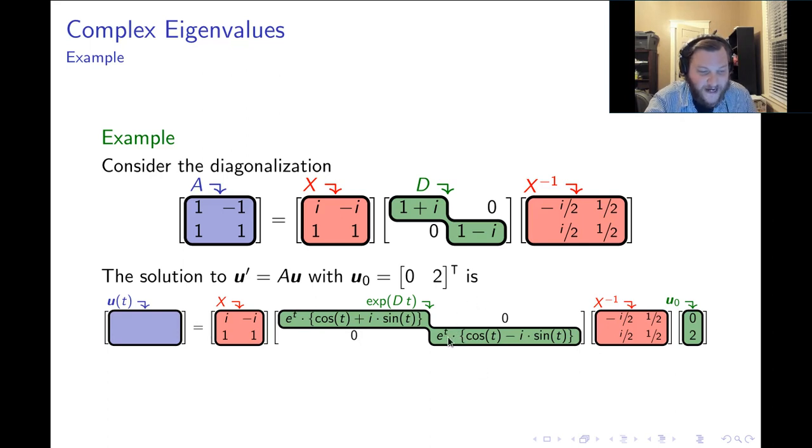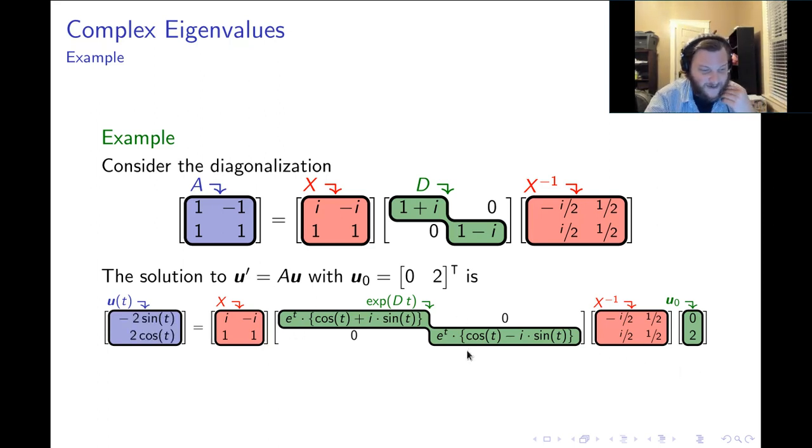And then the second entry in the diagonal would be e to the t multiplied by cosine of t minus i times sine of t. So in the exponential of Dt, we have these imaginary numbers floating around. But the idea is that when I multiply by X and X inverse, which themselves have i's in them, and then multiply by u0 here, I get my coordinates of my solution vector.